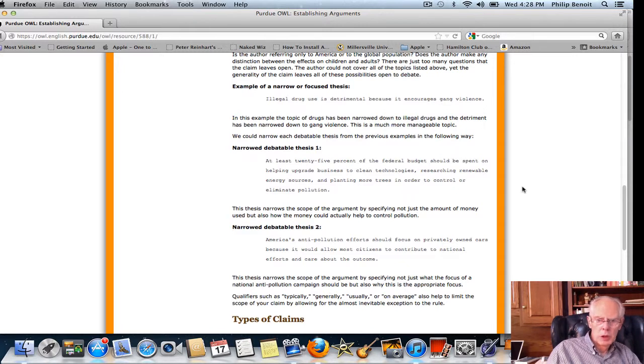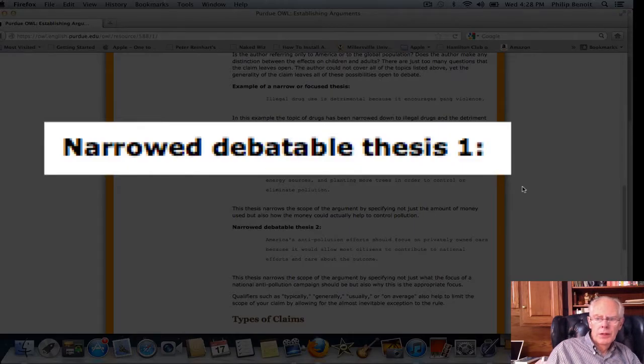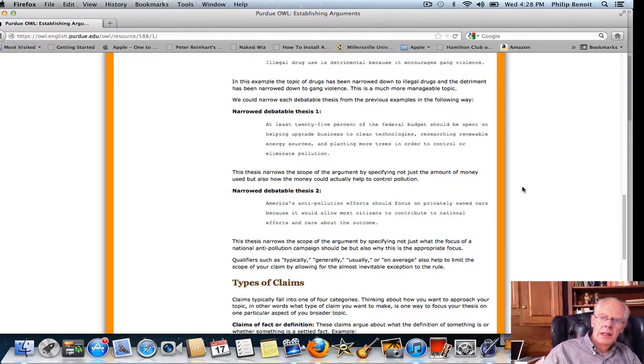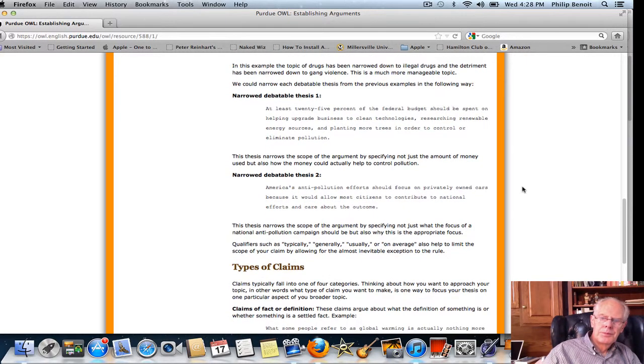That's more manageable. Okay, let's narrow debatable thesis 1 up there, the one about the federal budget and expenditures on pollution. And let's see how we can make that a more narrow kind of statement.